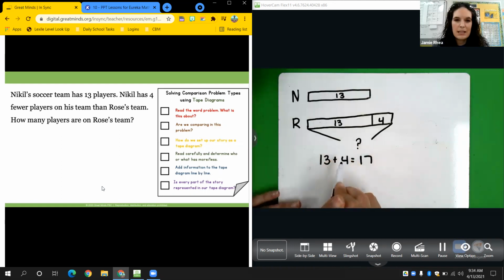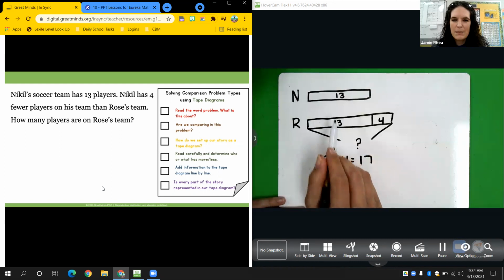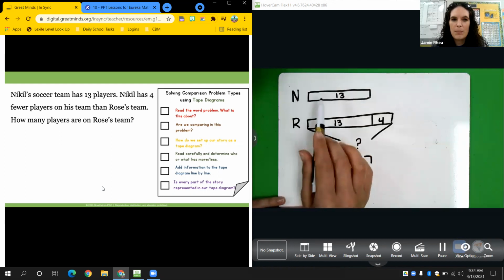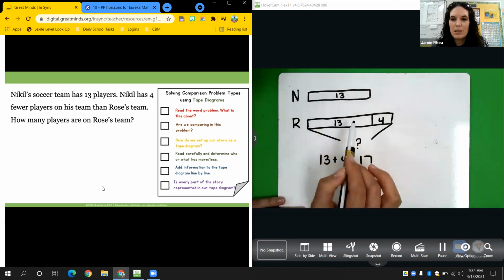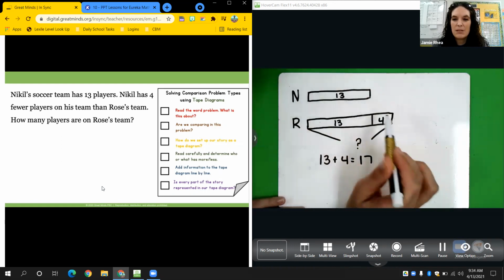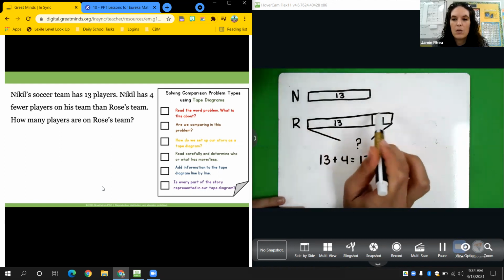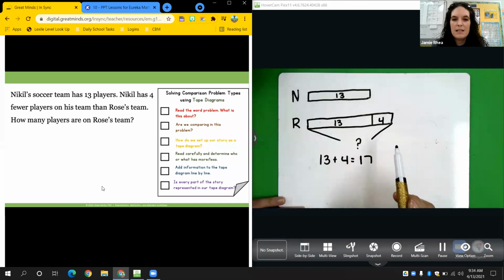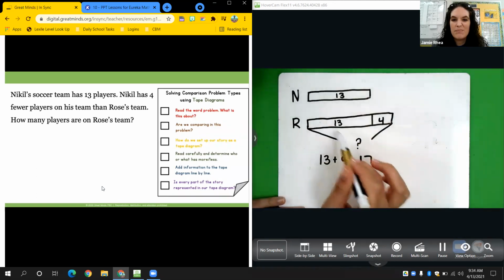So let's look at this. Are we comparing how many players are on a team? Here's our tape diagram. We know that both teams have at least 13 players, but Nikhil's team had 4 fewer. That means that Rose's team had 4 more, okay? Then we can say that here's our tape diagram.